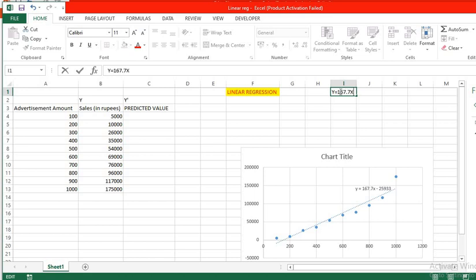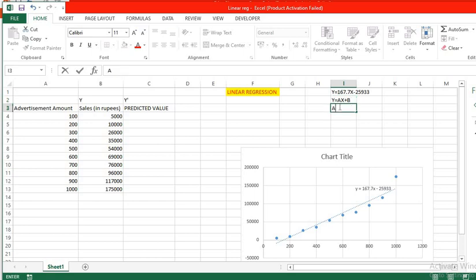167.7x minus 25933. We know the equation of a straight line is y equals mx plus c. Also it can be ax plus b.